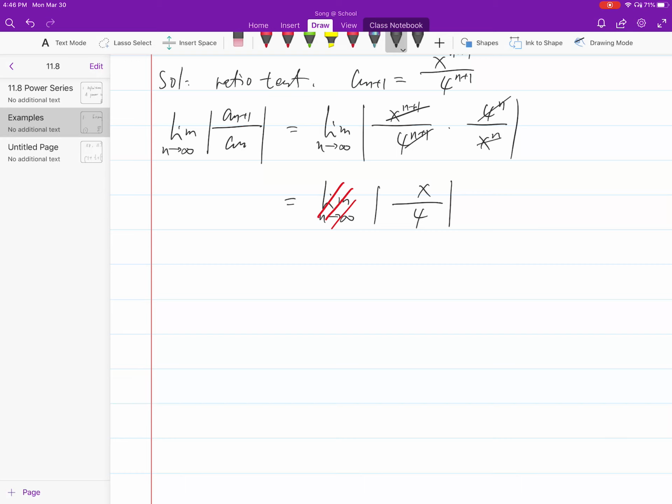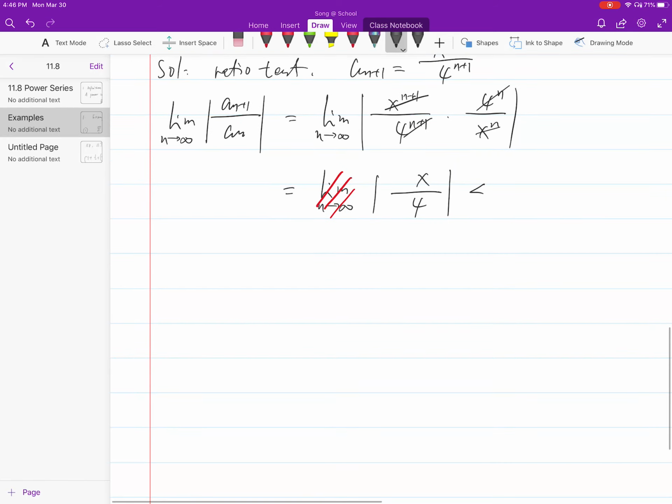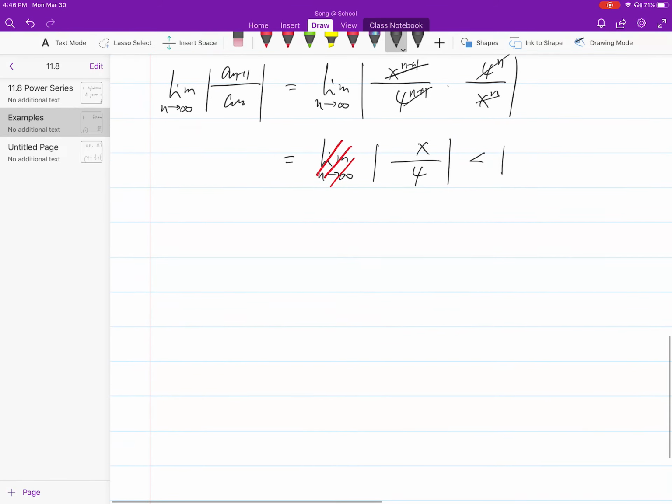And then, when does this converge? It only happens when this is less than 1. Now let's go ahead and solve it. That basically means absolute value of x is less than 4. That implies -4 to 4 for my x. That's going to be my interval of convergence, roughly.